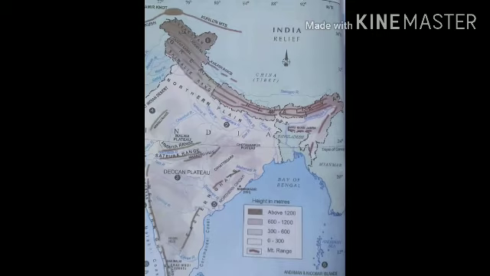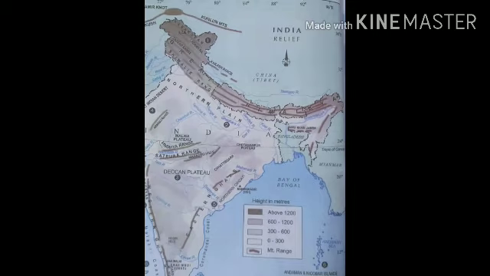The Himalaya is the young and fold mountain stretched over the northern border of India, from Hindu Kush to northeastern area of India.